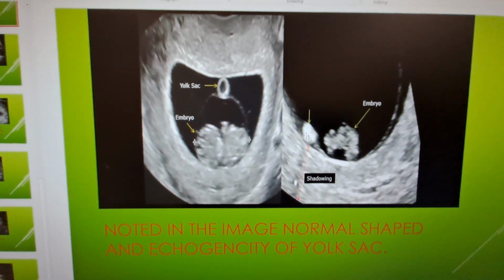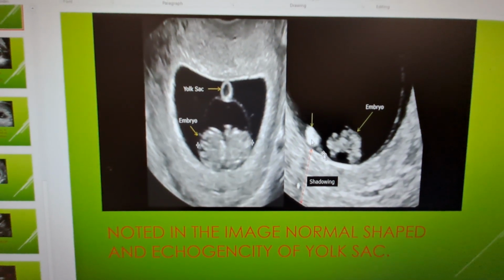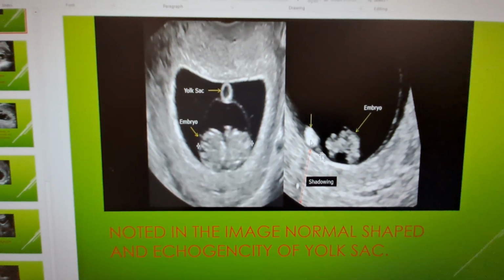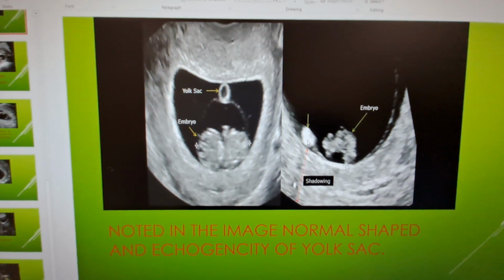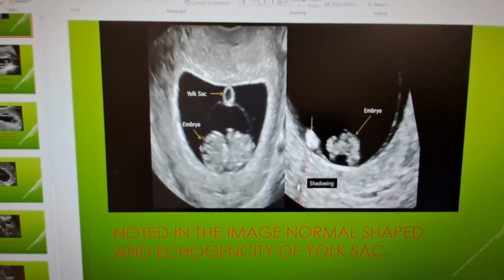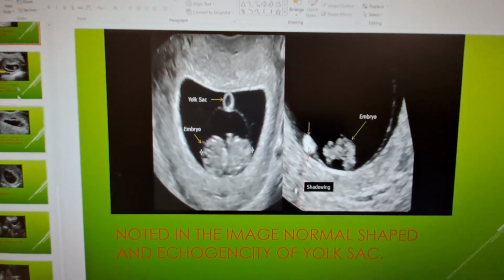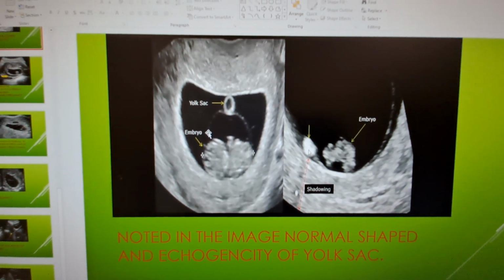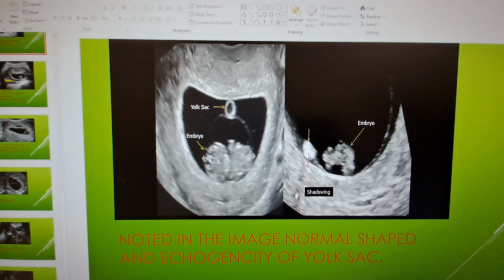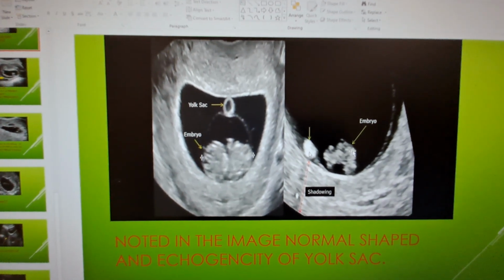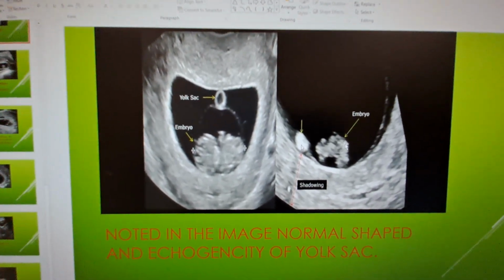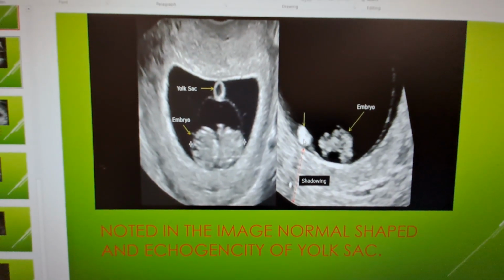Sometimes the abnormal pregnancy has a very big yolk sac, more than 7 millimeters. This is also an indication that this fetus cannot continue, with some genetic issues or chromosomal abnormalities. So these are the findings comparing the normal pregnancy to the abnormal pregnancy, or the early signs of pregnancy loss.